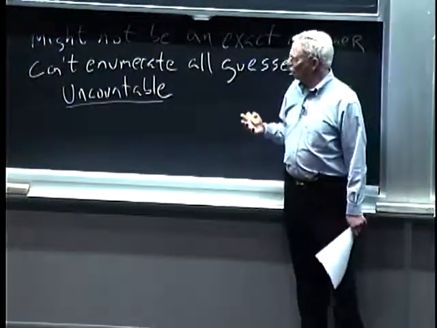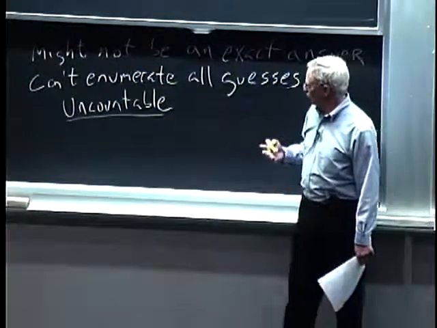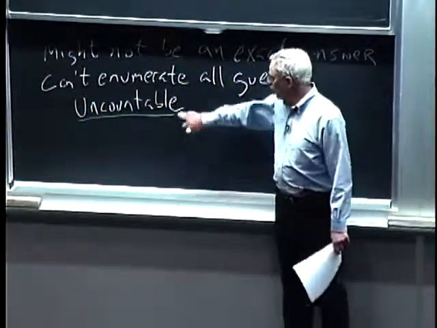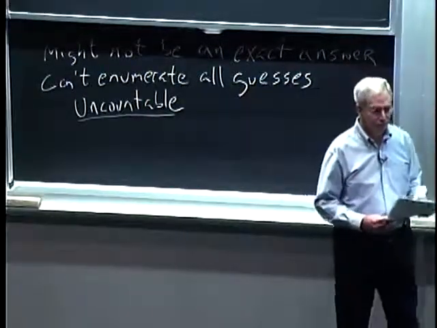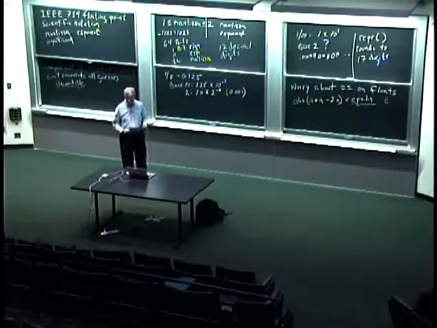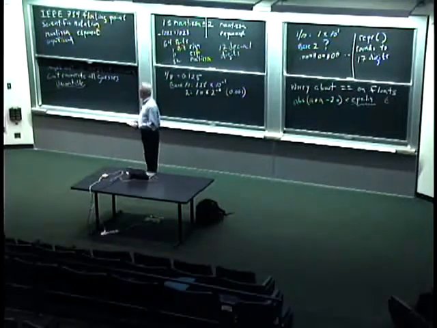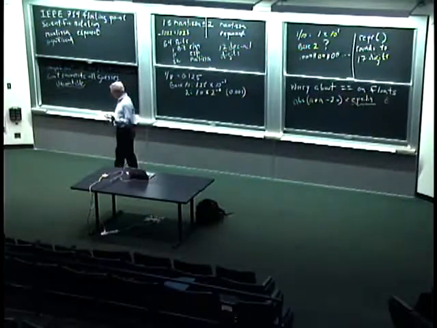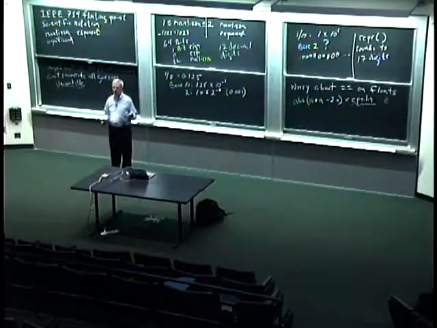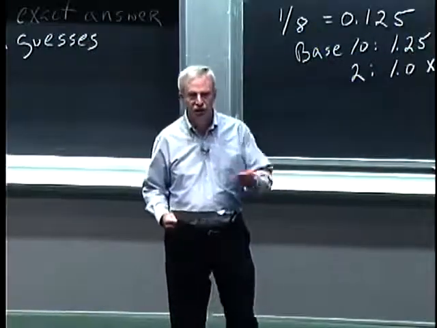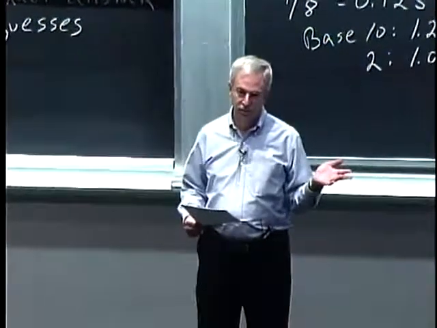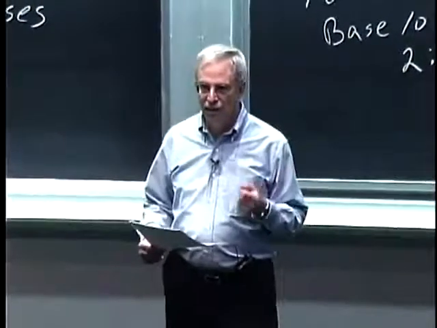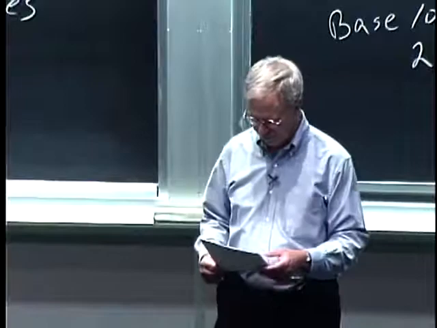And so we think of the floating points, like the reals, as being uncountable. So we can't do that. So we have to find something clever, because we're now searching a very large space of possible answers, what technically we might call a large state space.